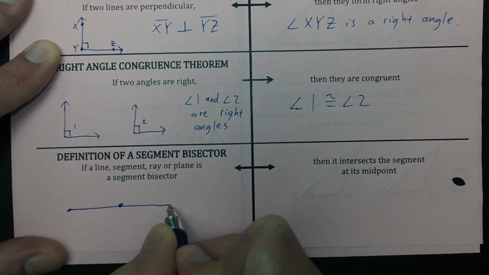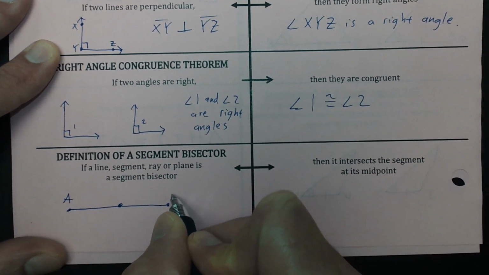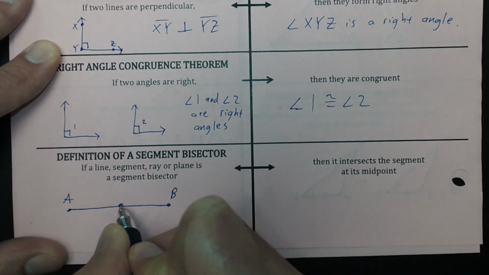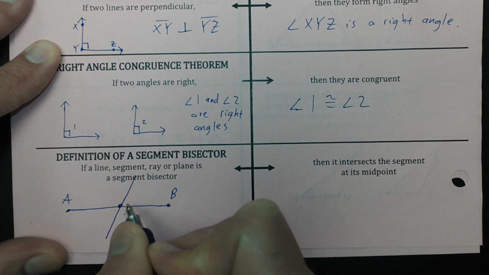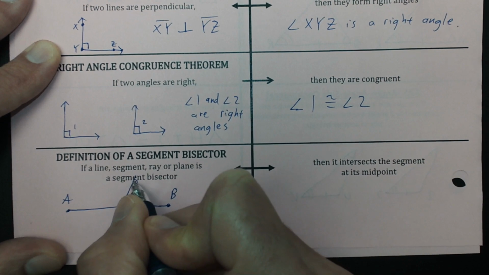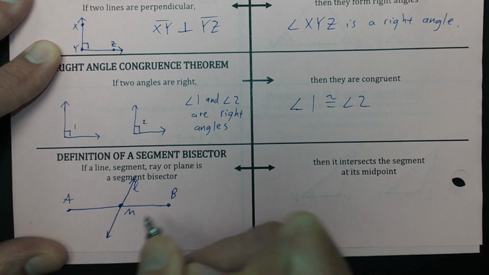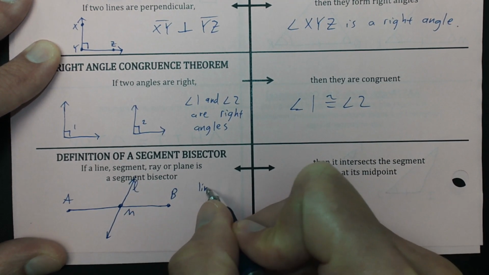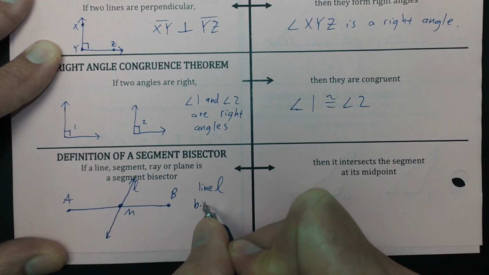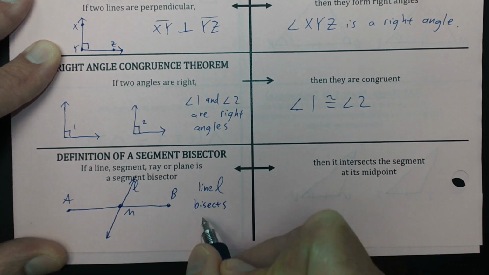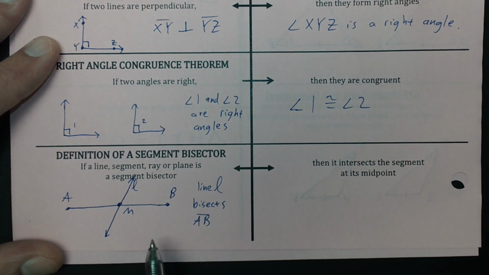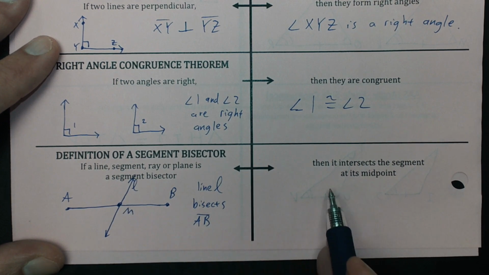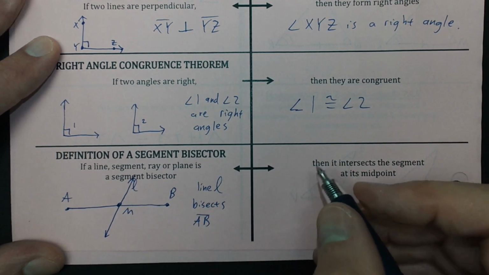So say that's A and B, and then we'll just say it's being intersected right there by line L. So line L bisects segment AB.